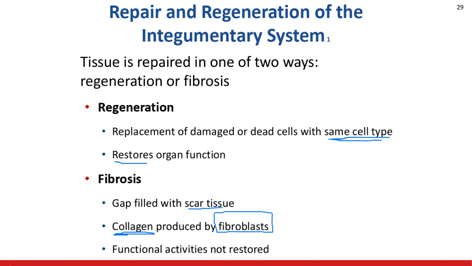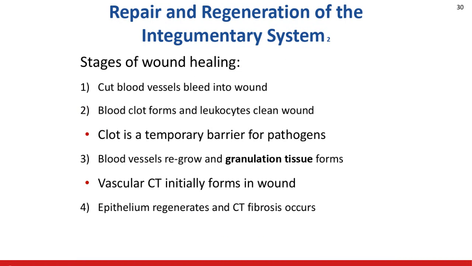Fibroblasts make collagen. Unfortunately, function is not restored with fibrosis. Regeneration, yay, we like it. It restores organ function because we replace the damaged or dead cells with the same type. Fibrosis, boo, bad, because we had to fill the damaged area with scar tissue, collagen fibers, not with cells.